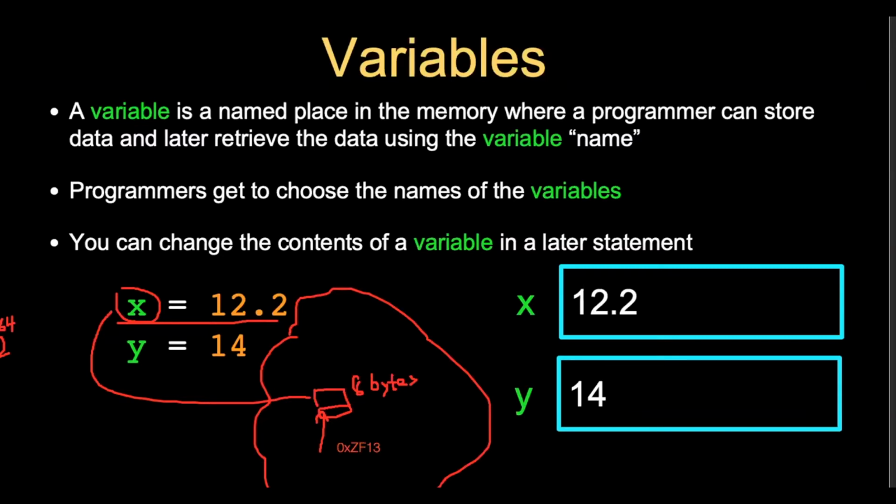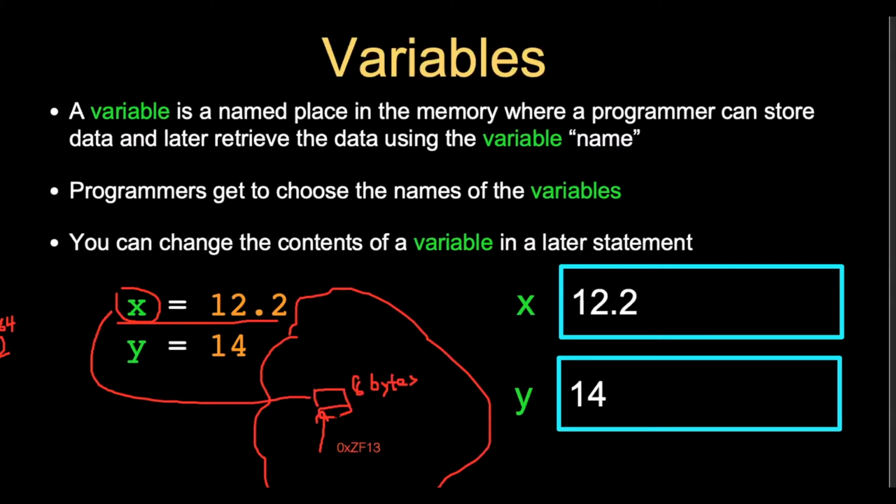After several thousand iterations, all happening in milliseconds, probably nanoseconds, it finds this space with sufficient memory to store your 12.2. x is then assigned that space at this location, 0x0f13, and 12.2 is slotted into this 8-byte area.